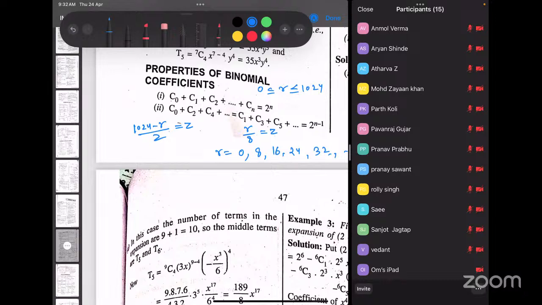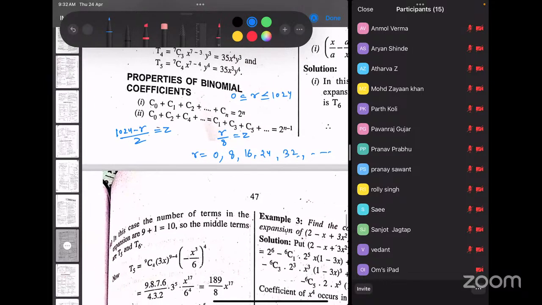Am I right? Yes or no? If R is a multiple of 8, then R will also be a multiple of 2. Yes or no?